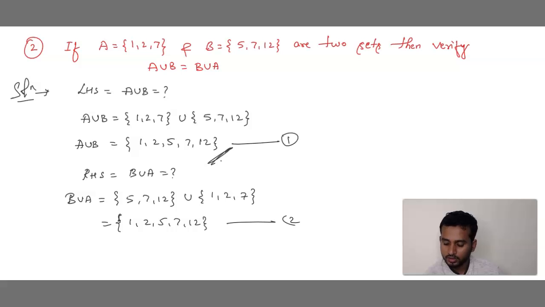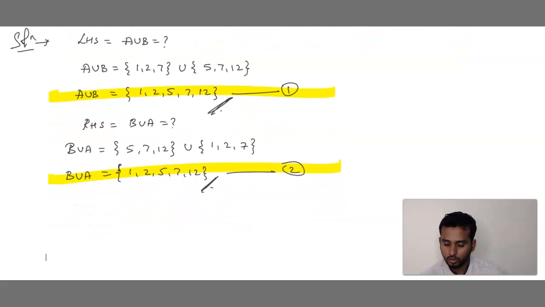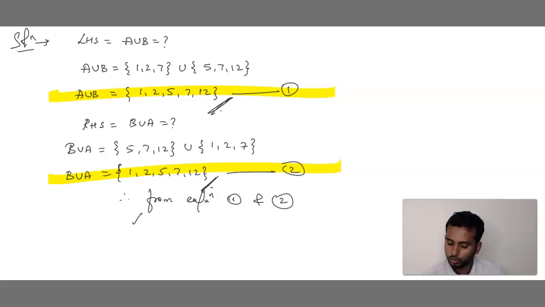This is equation 2, that's nothing but B union A. Now can we see equation 1: 1, 2, 5, 7, 12. Equation 2: 1, 2, 5, 7, 12. Both are the same. Therefore, from equations 1 and 2, LHS is equal to RHS. That is nothing but A union B is equal to B union A.